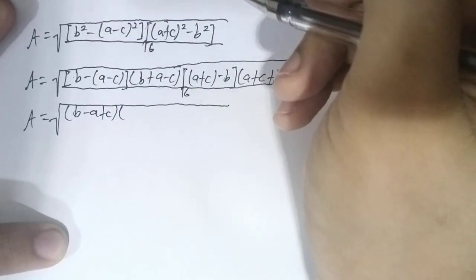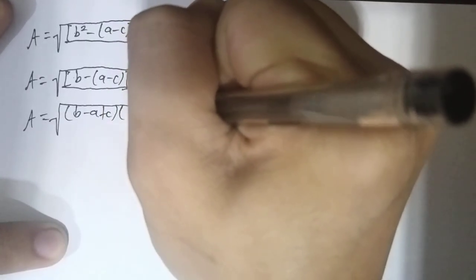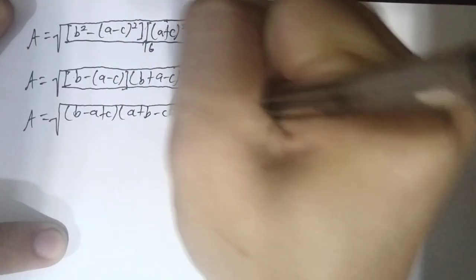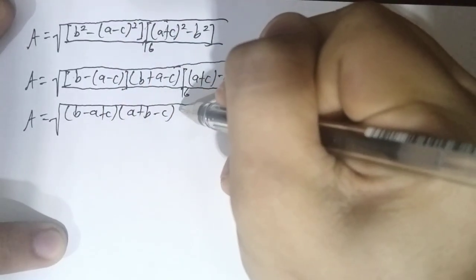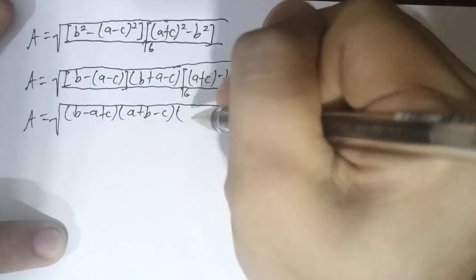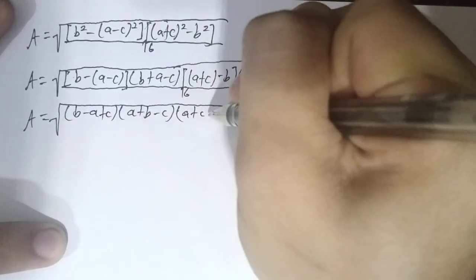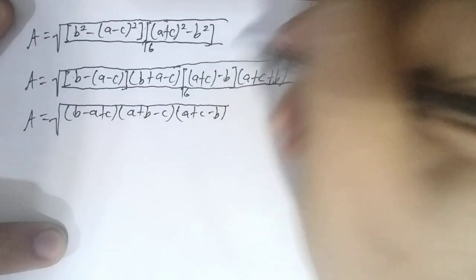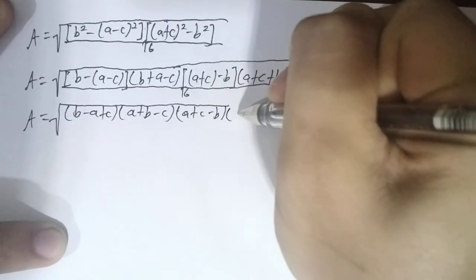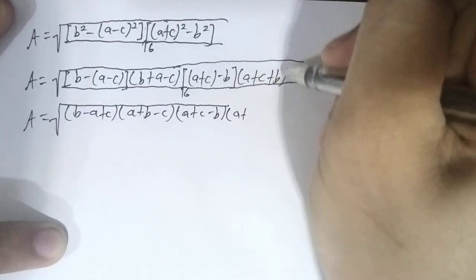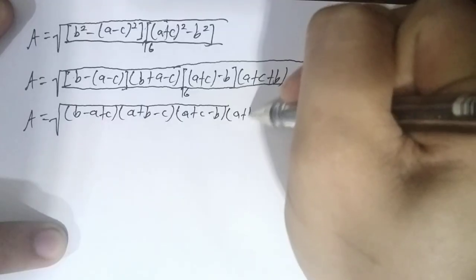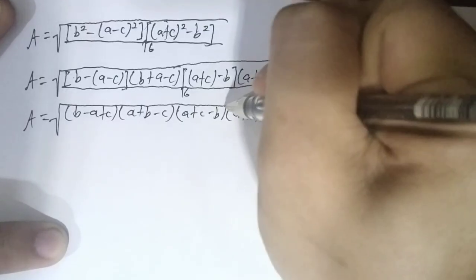And this will become, let's apply commutativity here, a plus b minus c, correct? This will become a plus c minus b. We just drop the parentheses inside. Multiply by quantity a plus, let's switch the b and c, so this will become b plus c, all over 16.